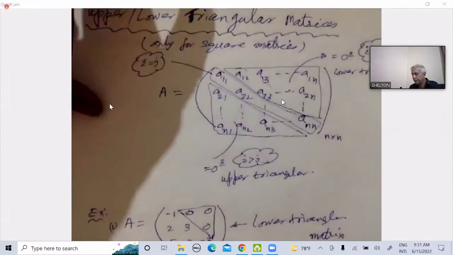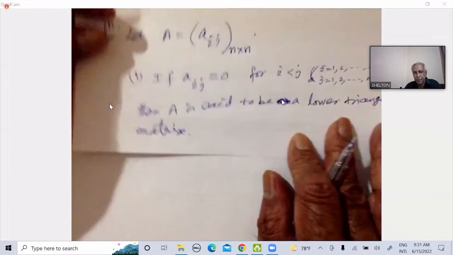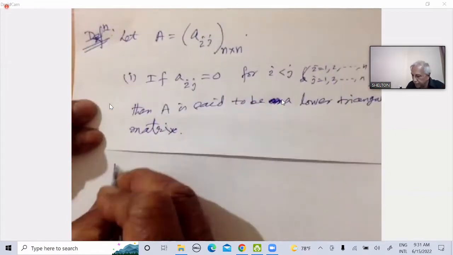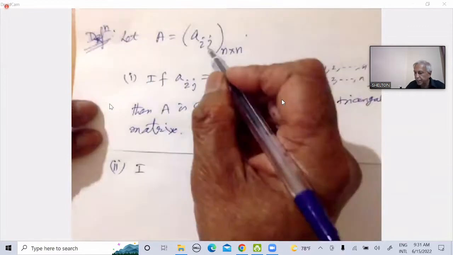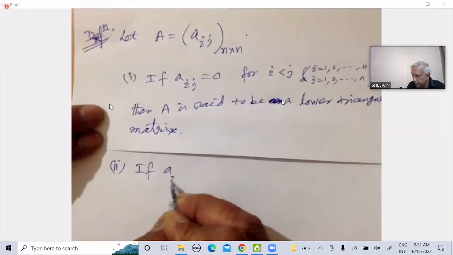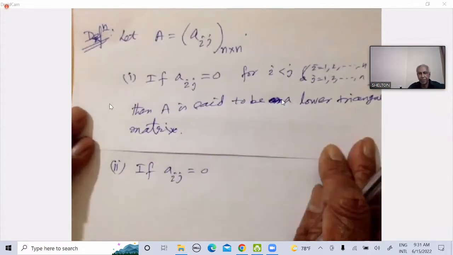Now define an upper triangular matrix. Second one. Upper triangular. When do we say a matrix is upper triangular? If Aij is equal to 0, can somebody tell me the condition?